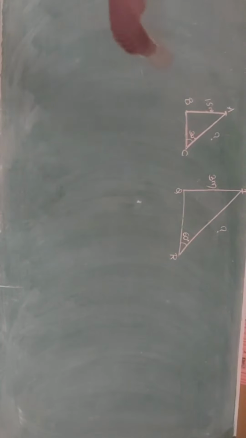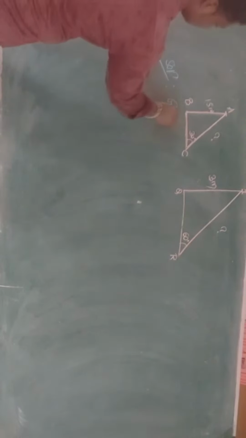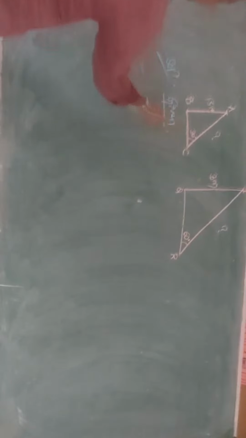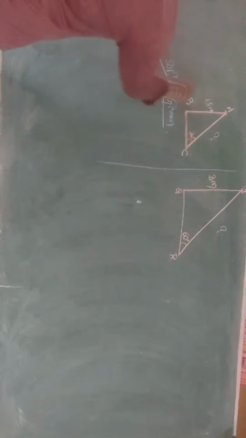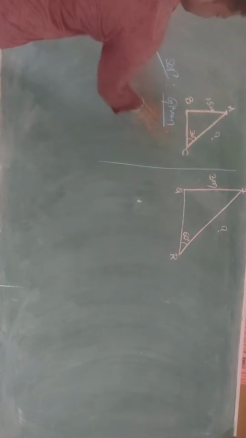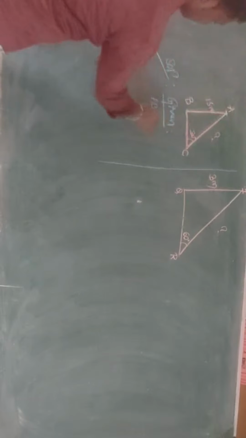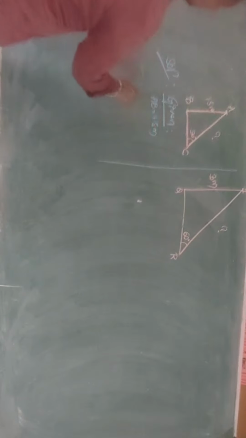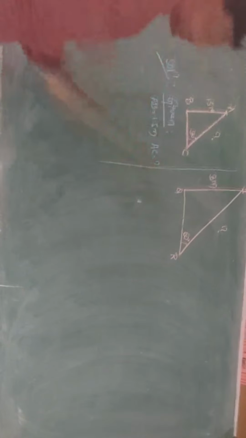Solution. Given that, 2 cases you can take, first case and second case. In the first case, given height of the steep that is 1.5 meter, and the length of the slide we don't know, AC is question mark.